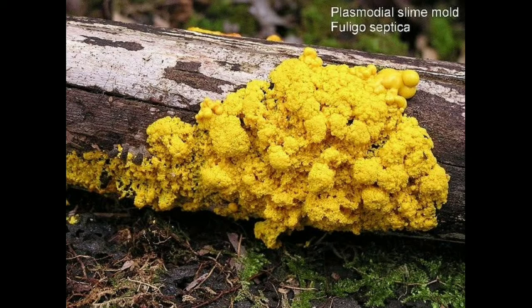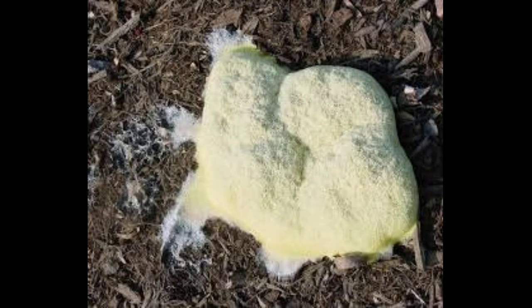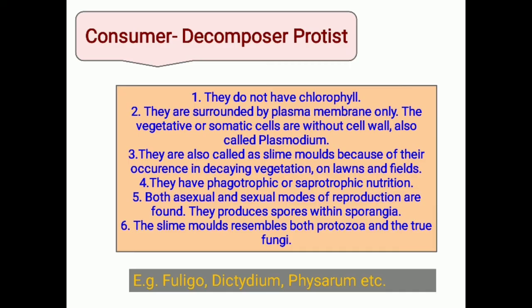So they creep over the ornamental plants and make them very ugly. So this is another very important feature of the consumer decomposer protists or the slime molds. And they impart different colors, as you can see in the diagram. So that also gives them an artistic view.